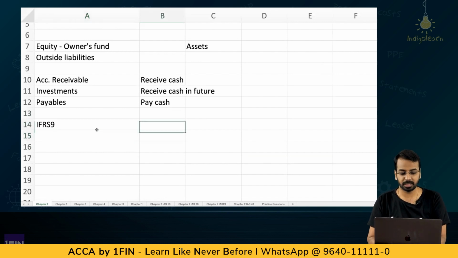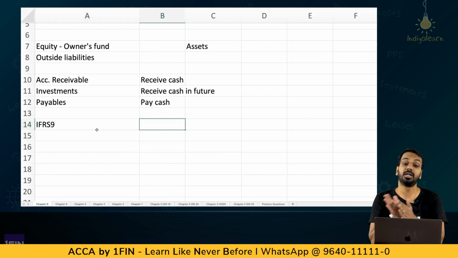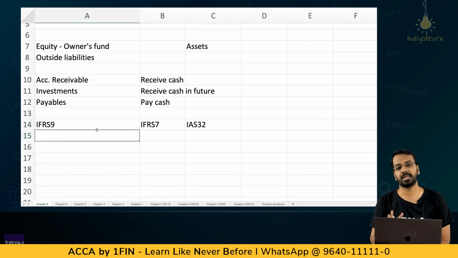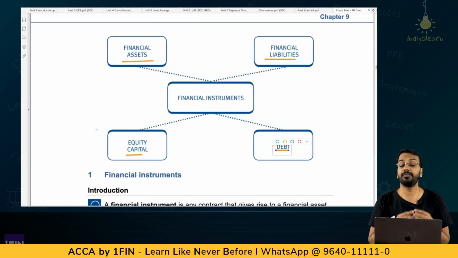We do have other standards, which deal with the definition part and disclosures part, for example, IFRS 7 and IAS 32. These three standards are there, but largely we will be dealing with IFRS 9 only. Now when we look at this standard, first we need to understand the meaning of something called financial instruments.